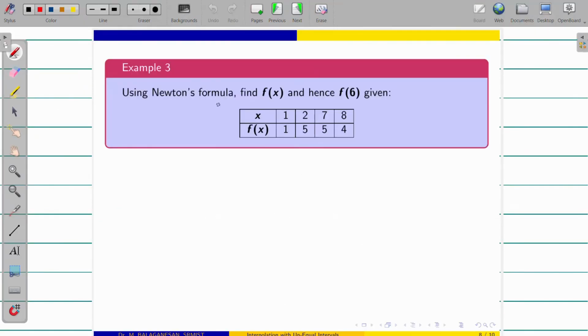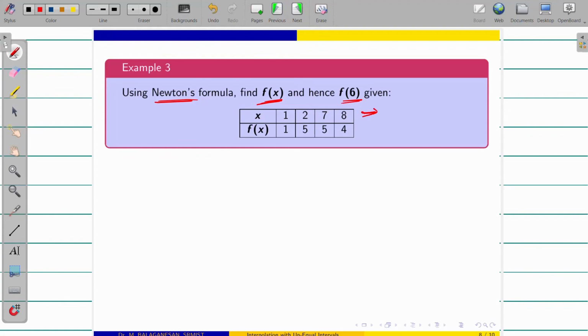Yeah. Similarly, next problem. Use Newton's formula. As I told you already in the previous problem also, find the f of x. What is additionally here? I will explain later. And hence find the f of 6. Right. Now we will check the interval whether it is equally spaced or not, because it is an interpolation concept. 1, 2, yeah, 7, 8.